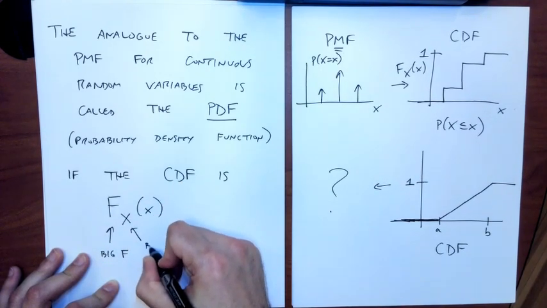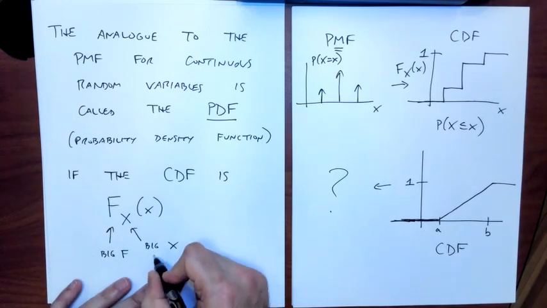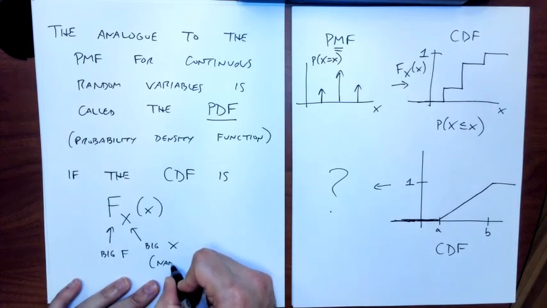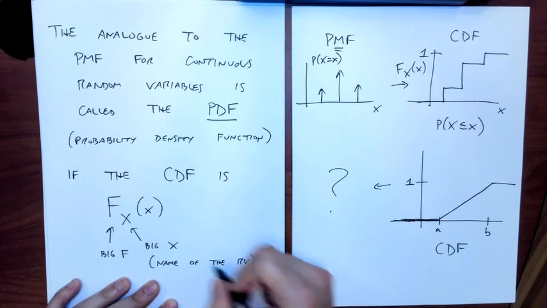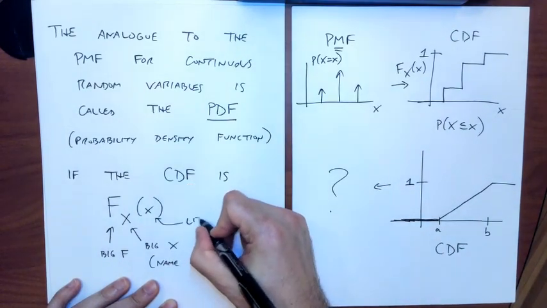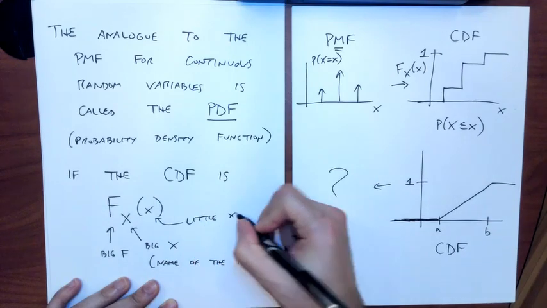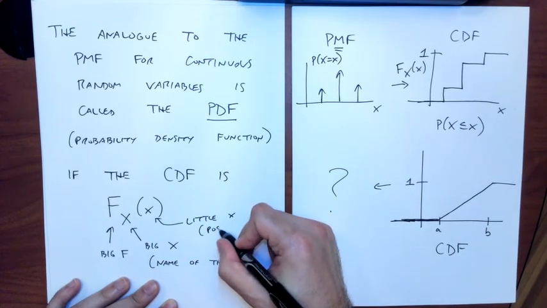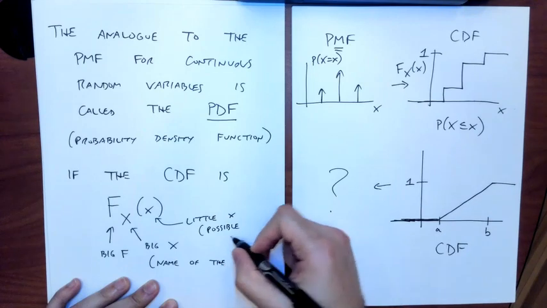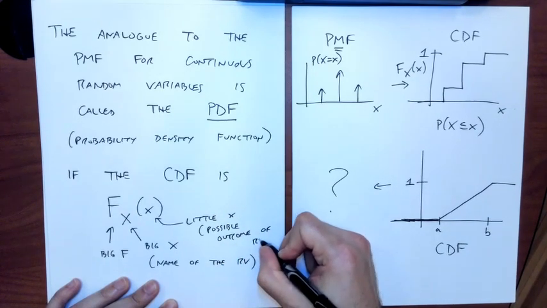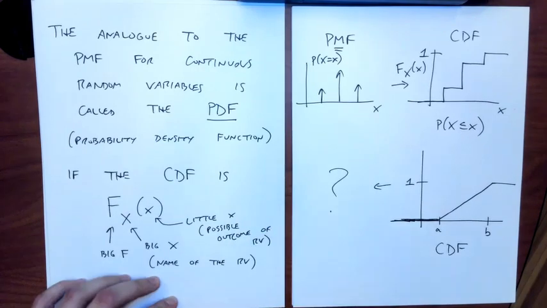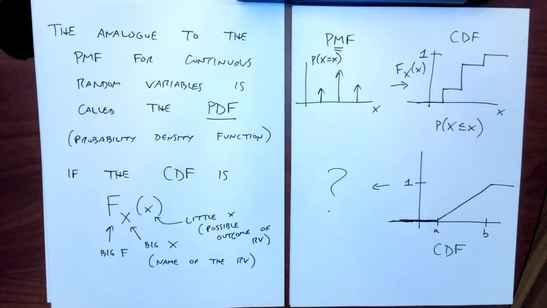This is big F, big X, and this big X is basically the name of the random variable. And then this little x is basically a possible outcome of the random variable. Right? That's what we talked about last time.